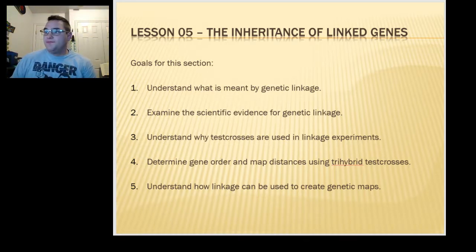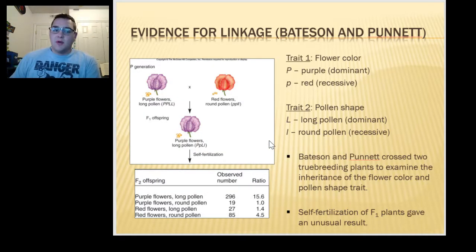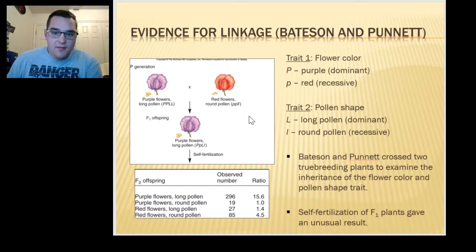Let's begin. First, we're going to go through the evidence-based linkage from Bateson and Punnett. It goes through how the red flowers and purple flowers are linked, because red is homozygous recessive and purple is homozygous dominant, and they make purple flowers.